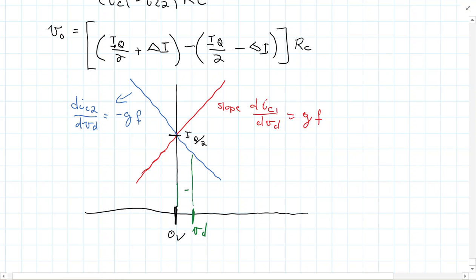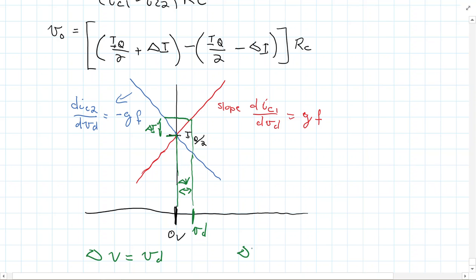So this distance right here, I'll say my delta V. My delta V is simply just VD. Actually, I'm going to go up to this line here. But then if I look here, this is my delta I.